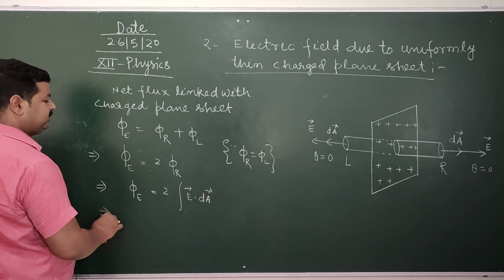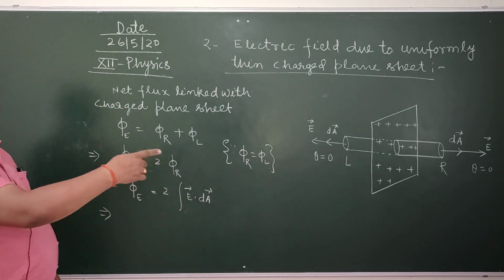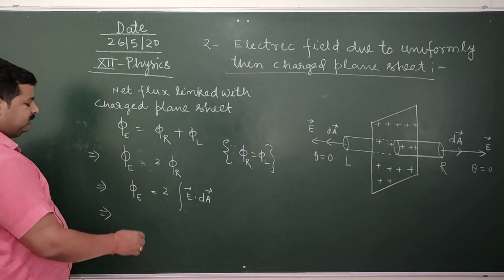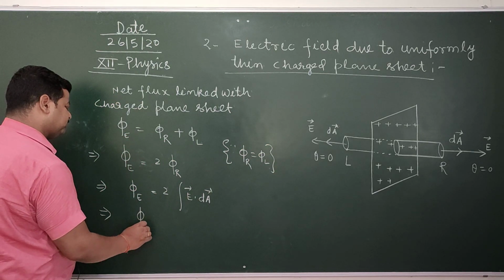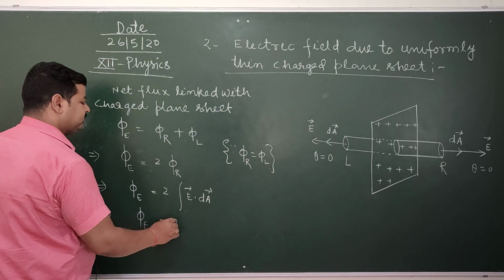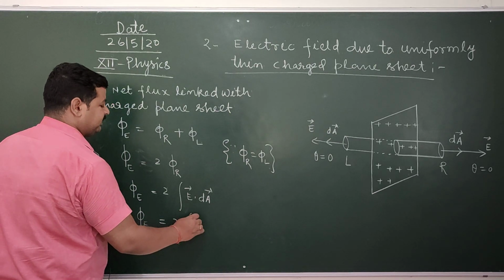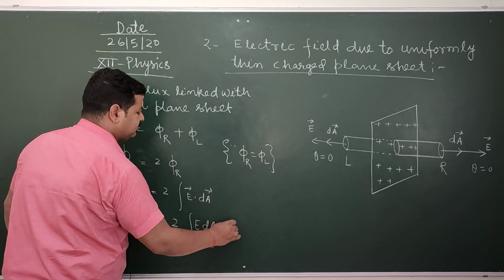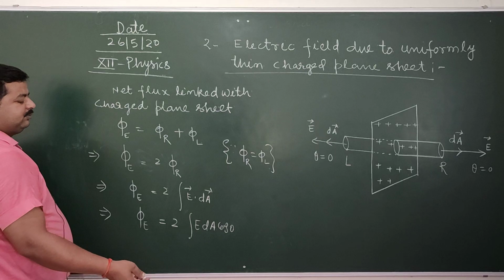Since the angle between electric field and area vector is 0, we write E dA cos 0, and the value of cos 0 is 1.